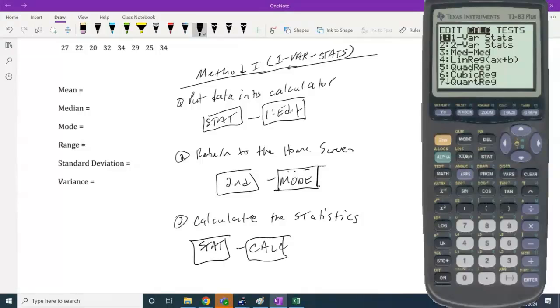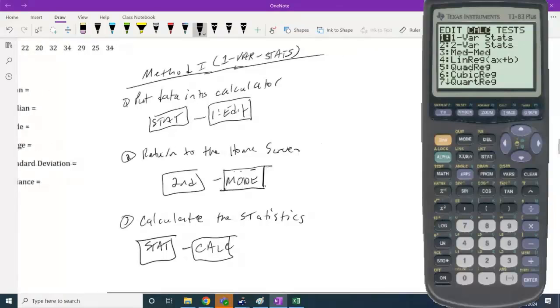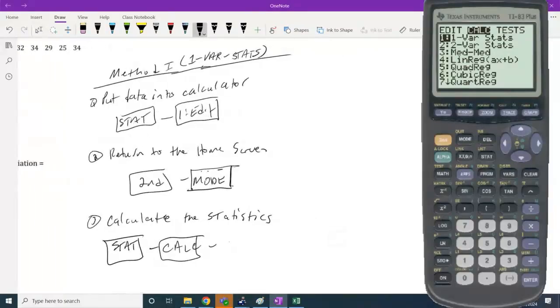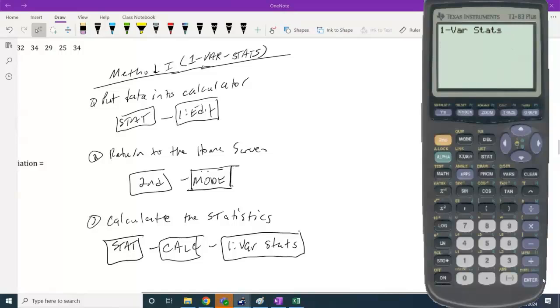And my very first option is one variable statistics. And I'm going to hit enter.